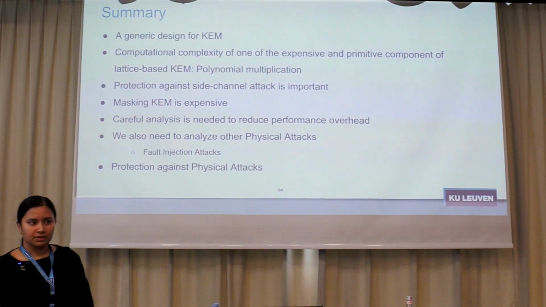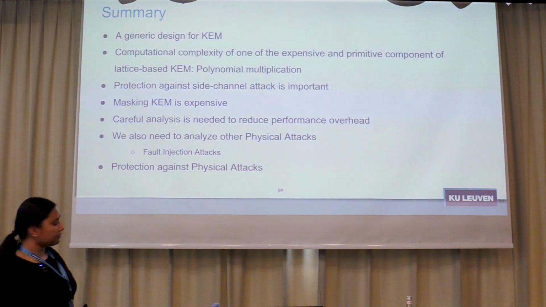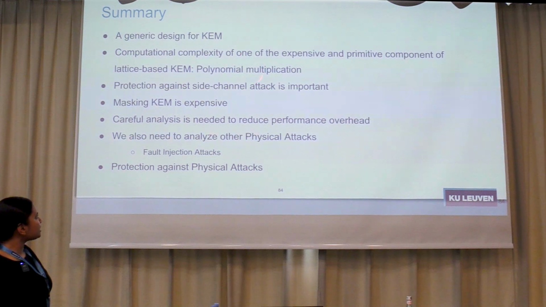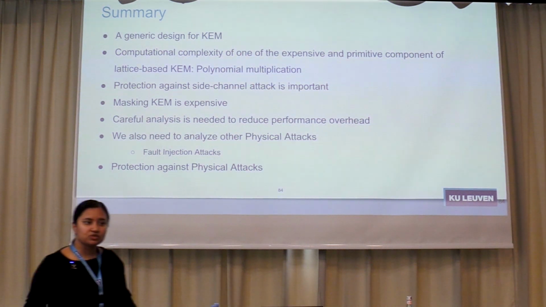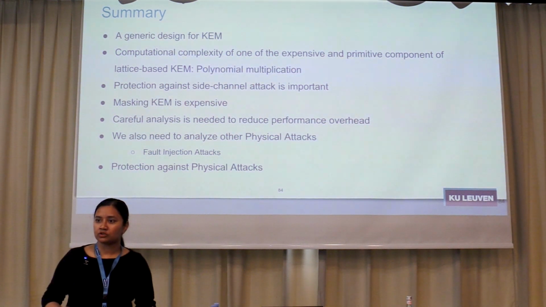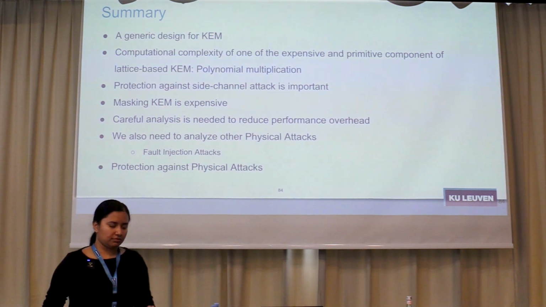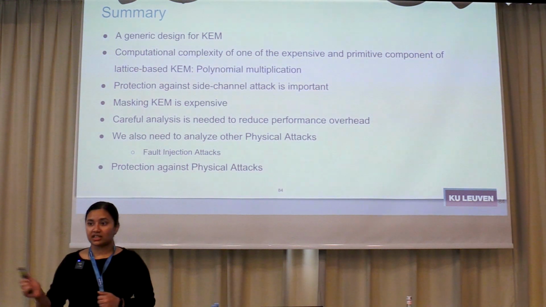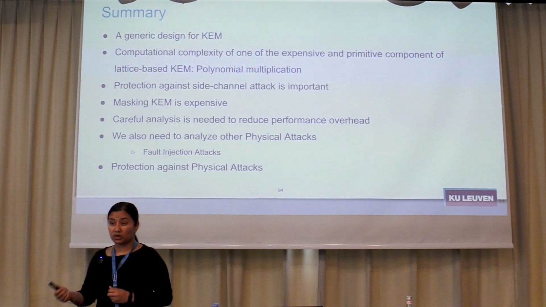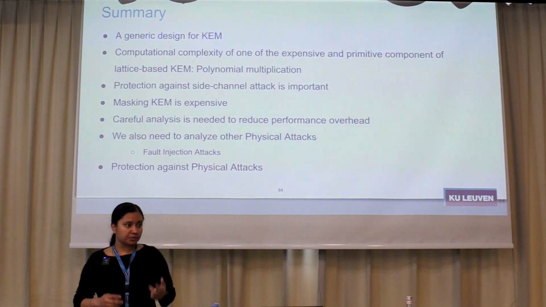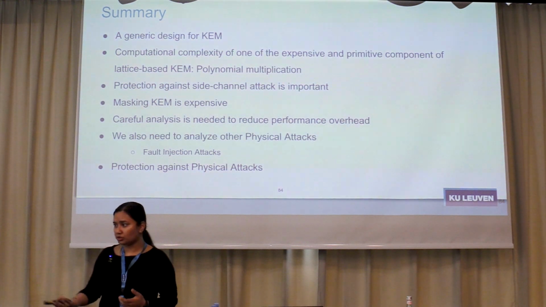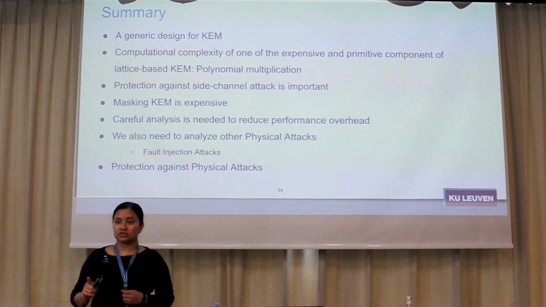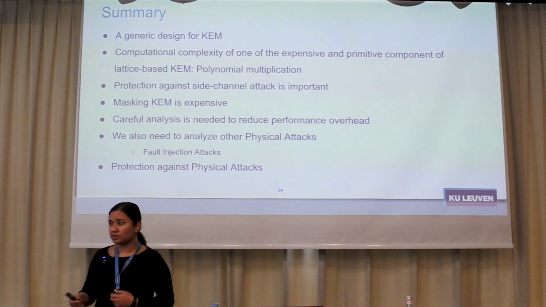This is what I have explained: the key encapsulation mechanism, then the polynomial multiplication, which was one of the very expensive and native components of lattice-based key encapsulation mechanisms. We do need side channel security, and masking is one of the good, provable and experimentally shown ways to do that. Careful masking is also needed to make it as cheap as possible.